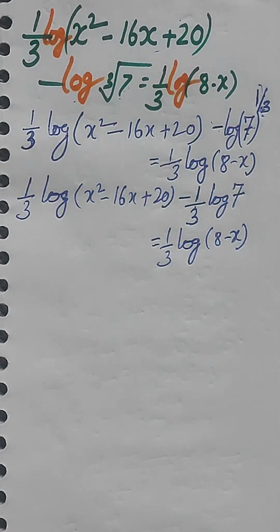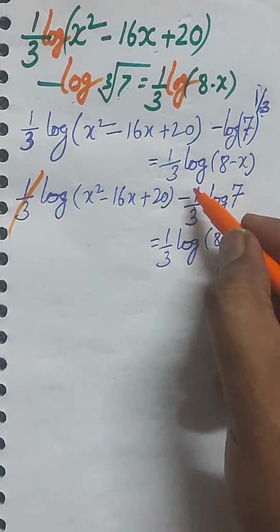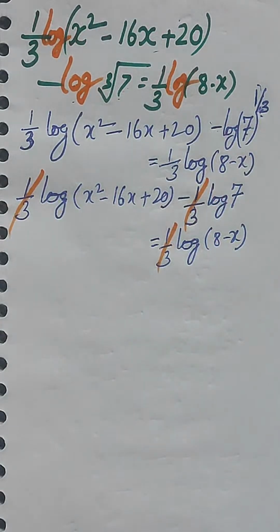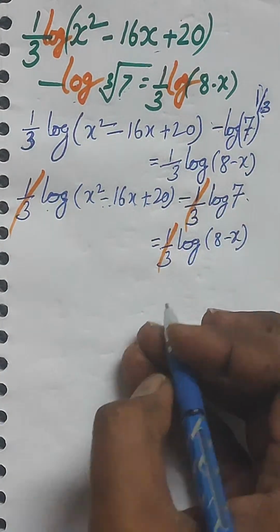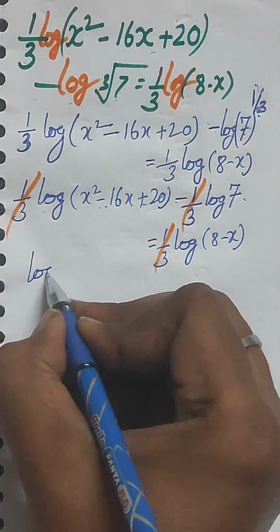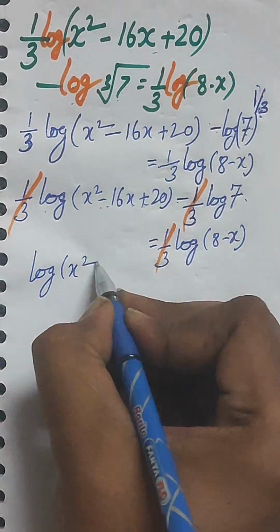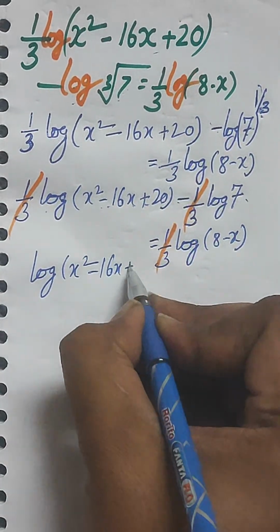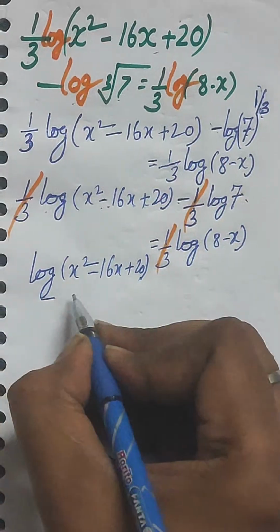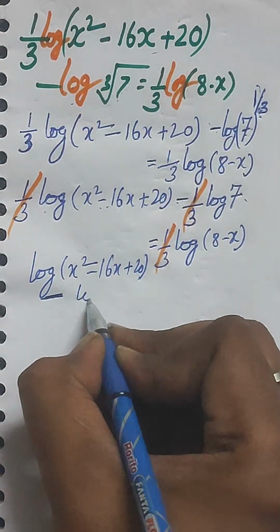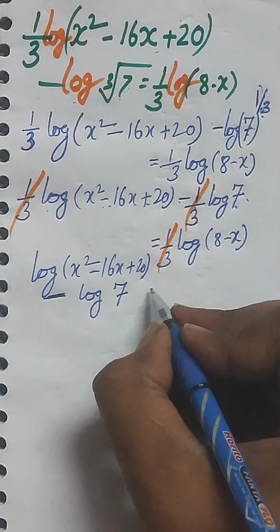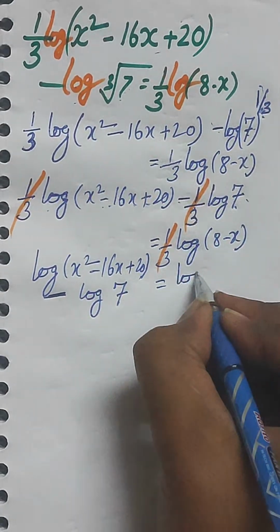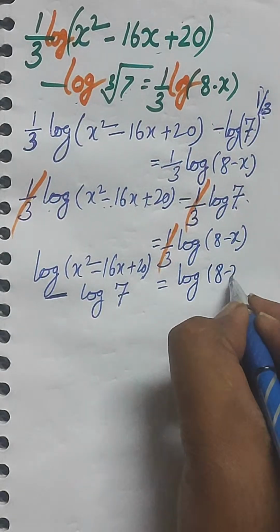So here you can see 1 by 3, 1 by 3 and 1 by 3 can be cancelled out, and we are left with log of x square minus 16x plus 20 minus log of 7, the second term, equal to log of 8 minus x.